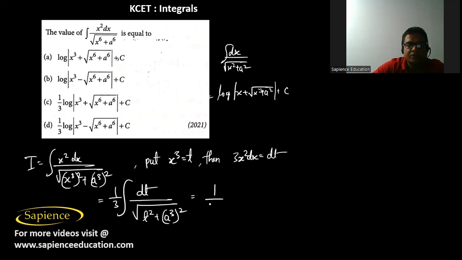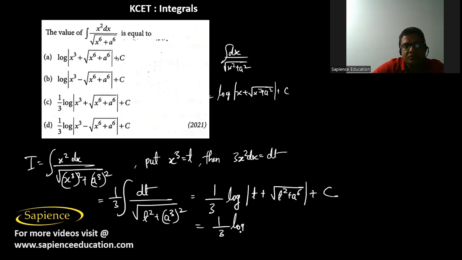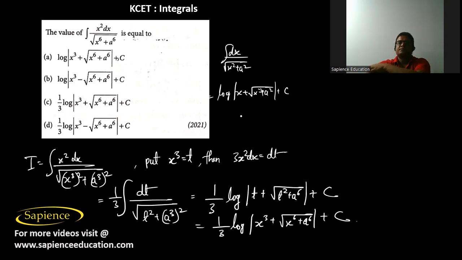So here also this can be written as 1 by 3 log mod t plus square root of t square plus a power 6 plus c. So this will be 1 by 3 log mod x cube plus square root of x power 6 plus a power 6 plus c. So it means that option C is the correct answer.